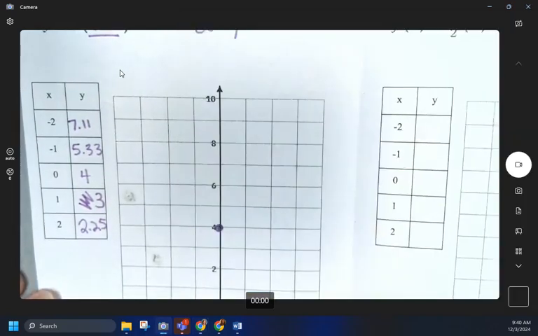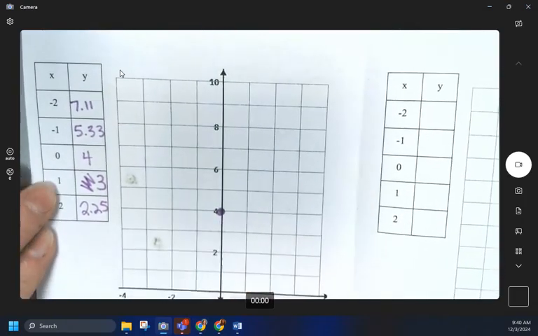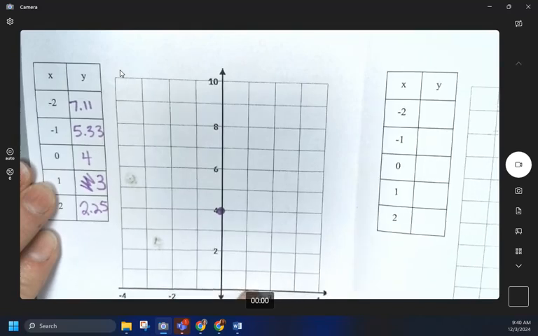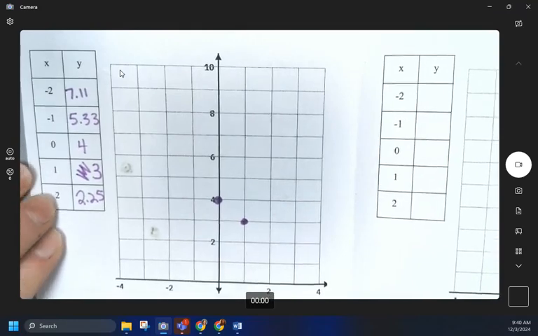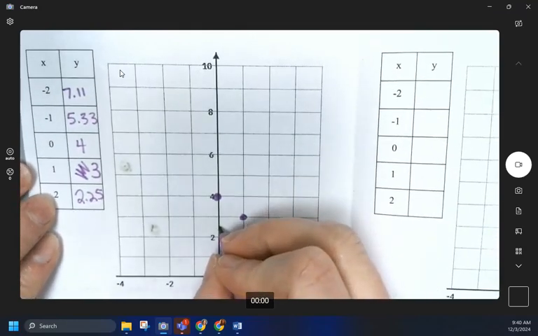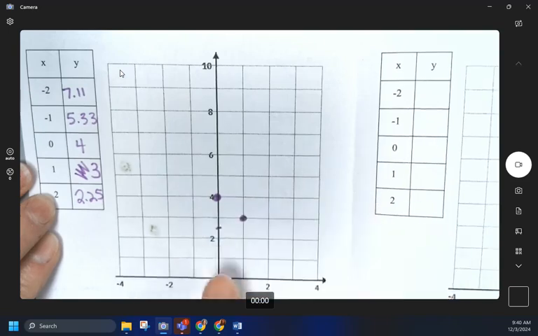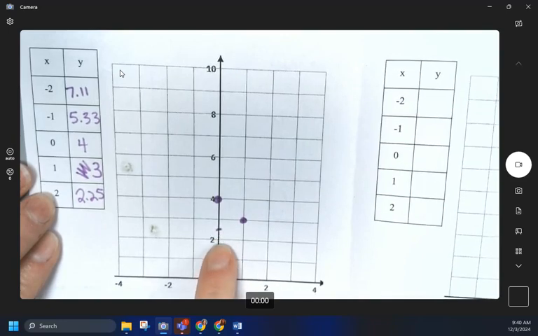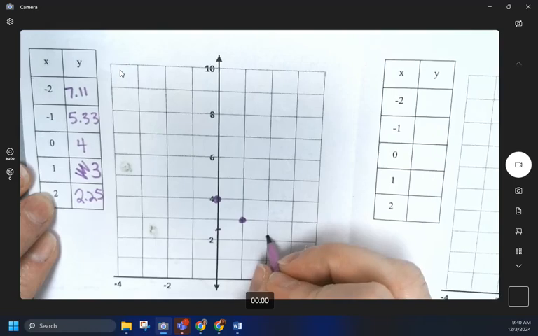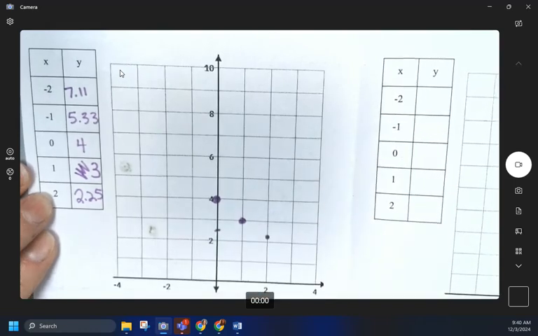All right, so let's go ahead and graph these points. So I already have 0, 4. Let's go up to the next one. So 1, 3, 2, 2.25. That would be 2.5, right? So we want to go halfway between those here. What if I want some more points?